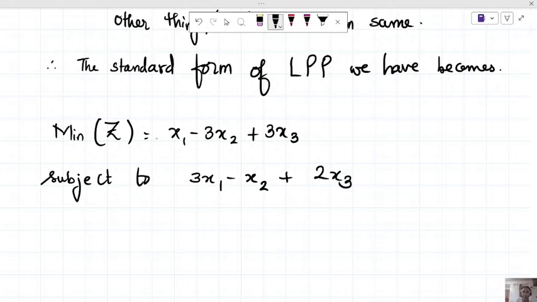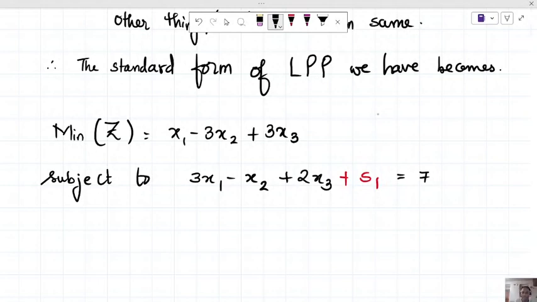Now what we can do here is it is less than type, so in order to convert it to equal to type I will add one surplus variable. Okay, sorry, one slack variable will be added, so plus s1. We add this one variable which is going to make it equal to 7.